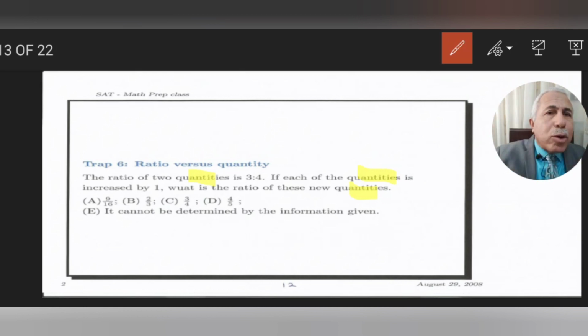But here, without going through the whole details, once I don't have any quantities, he did not mention any quantity for me, so the answer E, it cannot be determined, very simply and very quickly. I know most of the students will go through so many details, and it will be very hard for them. So please don't confuse yourself. Read the question well.